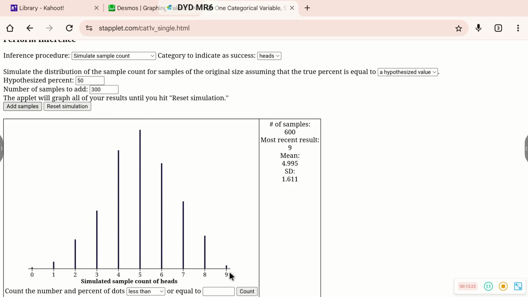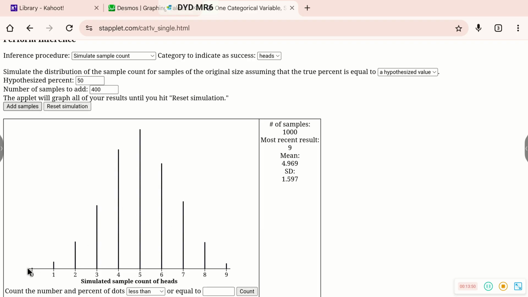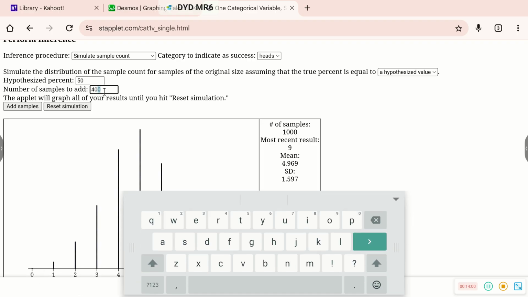If we did this 300 times, there's a 3% chance that we get a 9, and there's a 1 in 300 chance that we get no heads. We did it 400 times, and we see that we get some smaller data points on the outside here.